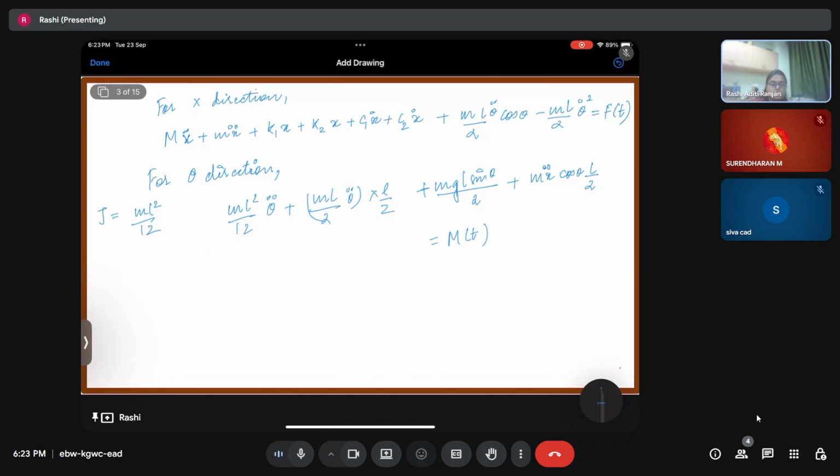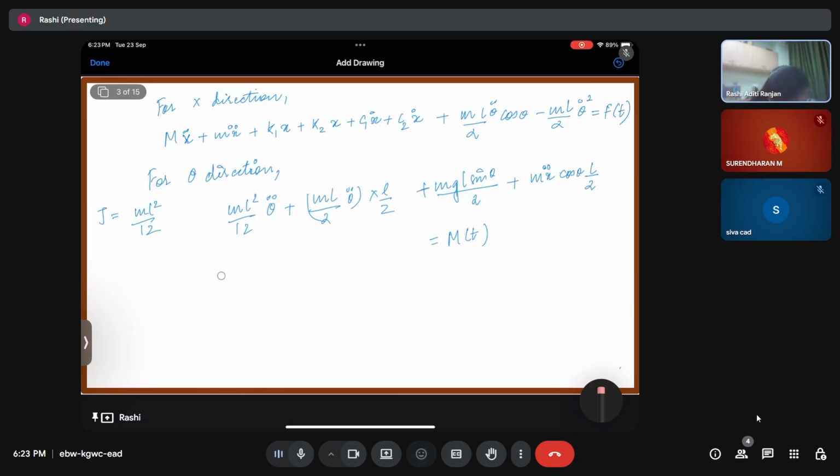Now we have two equations. Since we had 2 degrees of freedom, x and theta, we have derived two equations of motion. But if you look closely, these equations are not linear. They are actually non-linear. But in this course, we are mostly concerned about linear equations. So if we consider that theta is very small, we can make these equations from non-linear to linear.